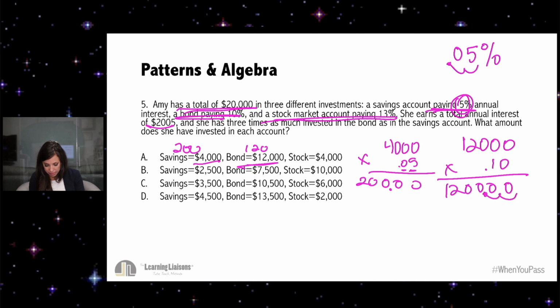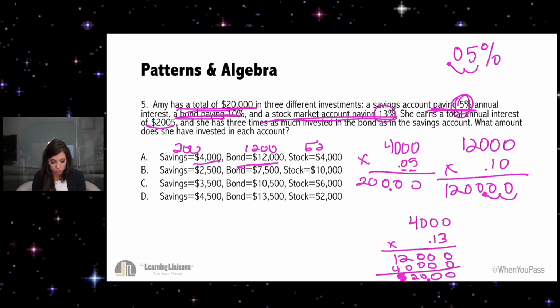And I'm going to move my decimal place, and I'm going to get a value of $1,200. Stock, $4,000. I'm going to multiply that by a value of 13%. I'm going to move my decimal over 2 places, and I get $520.